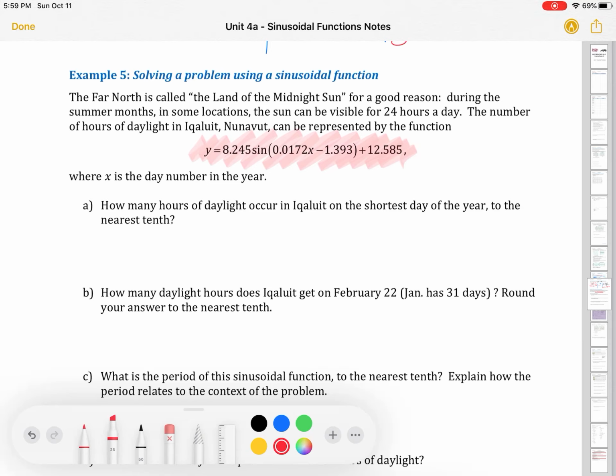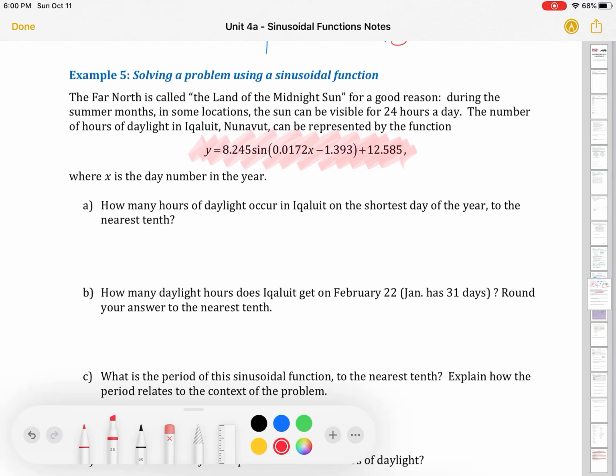So let's put this equation in our calculator. 8.245 sine bracket 0.0172x minus 1.393 bracket plus 12.585.